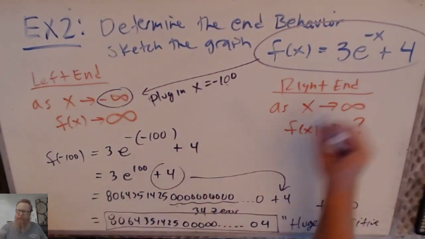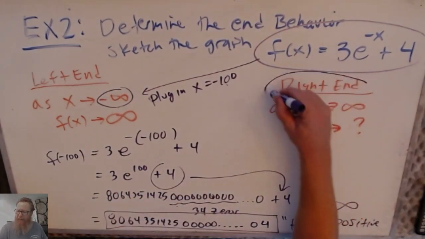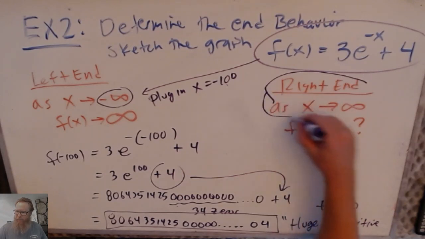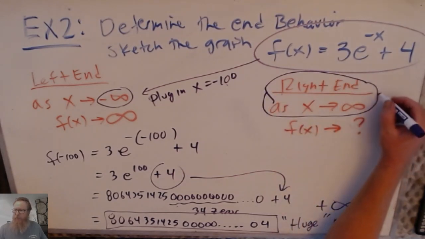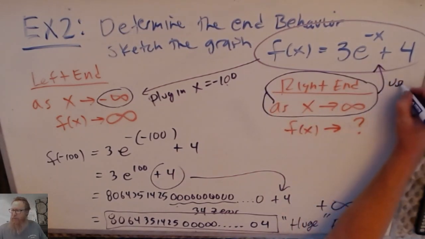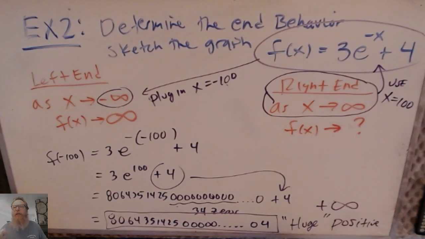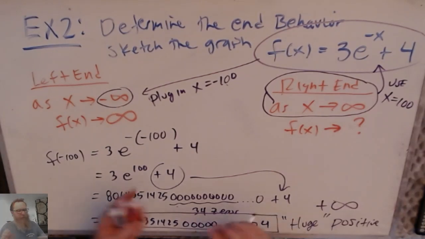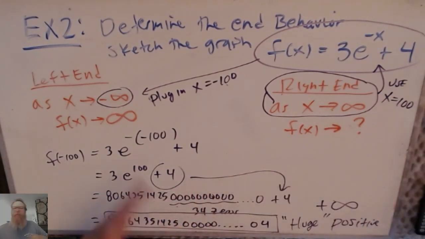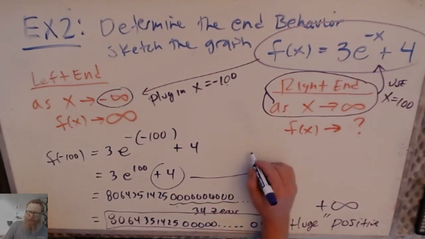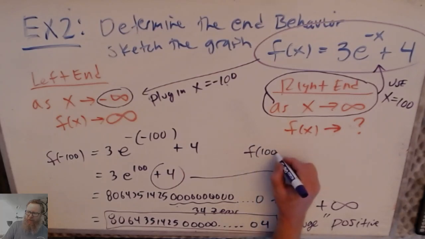Again, for the right end, plug in x equals 100. Or plug in 1,000 or 1,000,000 or something. If you get an error message, then don't use such a big number. Use a little bit of a smaller number. So let's go ahead and do it. F of 100.